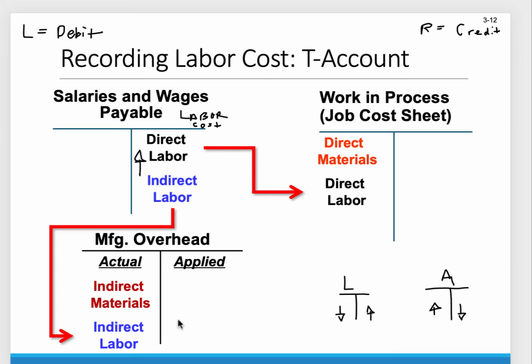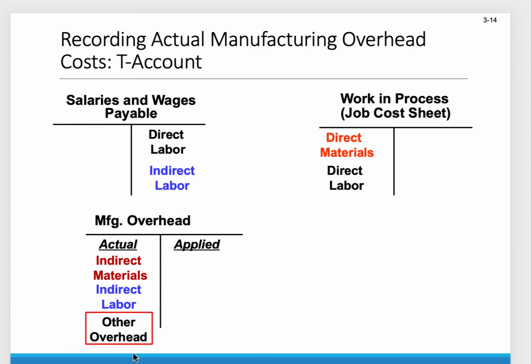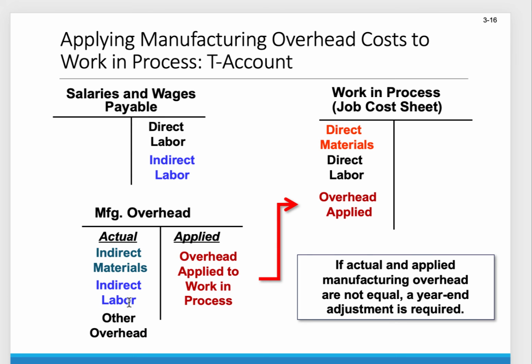Both direct and indirect labor, where do they flow to? Recognizing that, hey, this manufacturing overhead account, the debit side or the left side has all the costs that we actually incurred. Okay, the applied side, well, that's the right side, and we apply it to WIP.